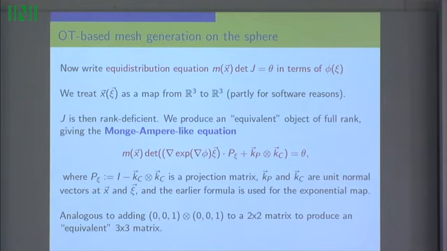And we needed to produce an equivalent thing which did the same for the sphere, and this is it. This is the equivalent scaling on the sphere, which looks like the Monge-Ampere operator on the plane, and then we're going to control that using the monitor function here.